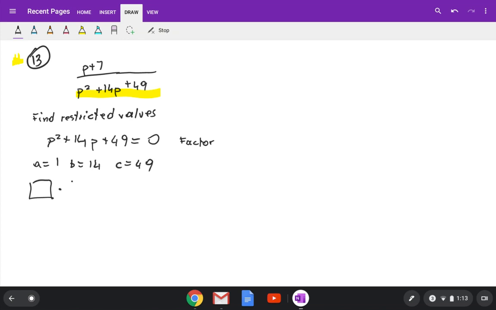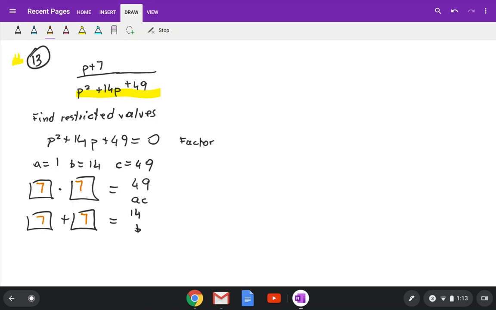Find two integers which by multiplication equal A times C, which is 49, and the same two integers by addition equal B, which is 14. So 7 and 7 will work. 7 times 7, 49. 7 plus 7, it's 14.